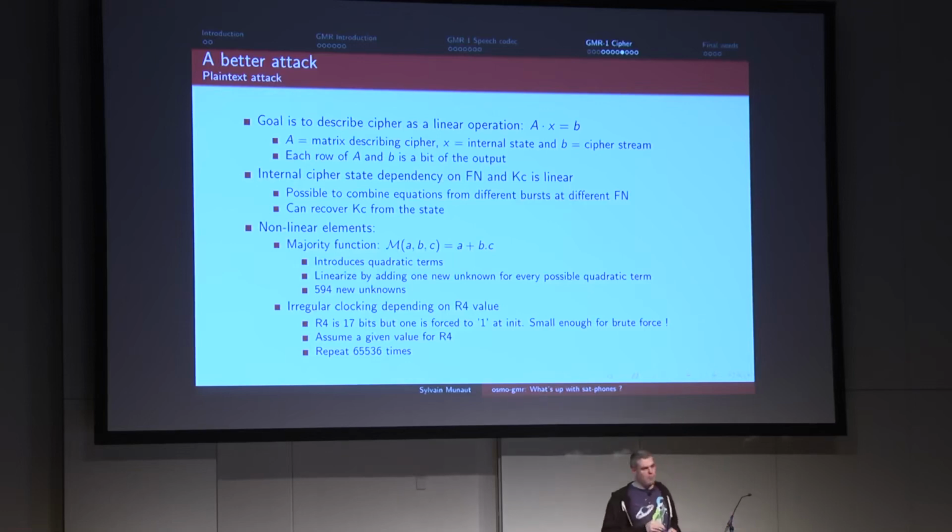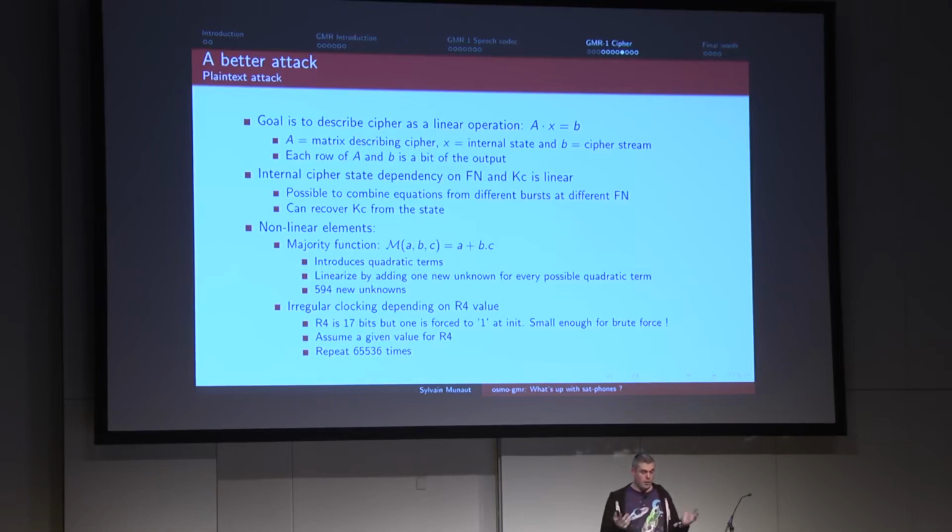The other nonlinear thing in that cipher is the clocking. As I said, all the LFSRs don't advance at the same rate. Some are clocked once or 0 times at each output bit, and this is a function of the actual value of R4 at that particular time.